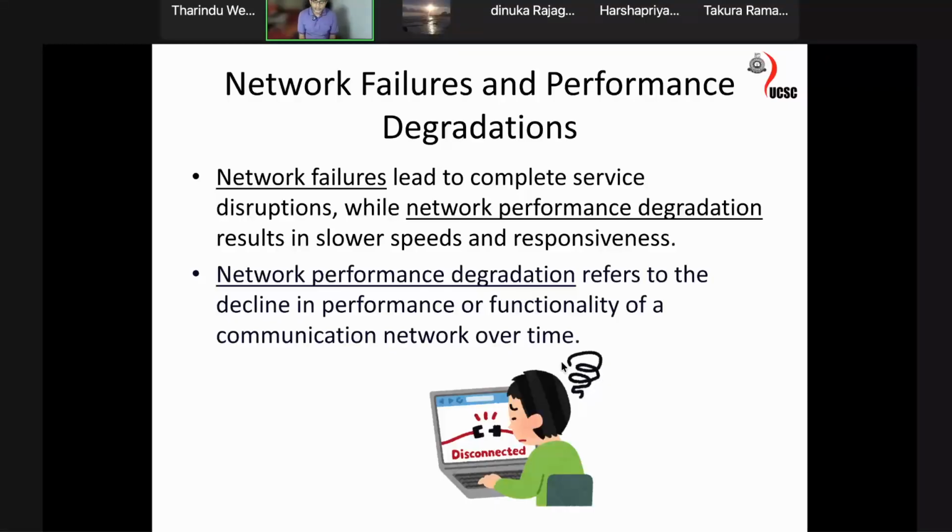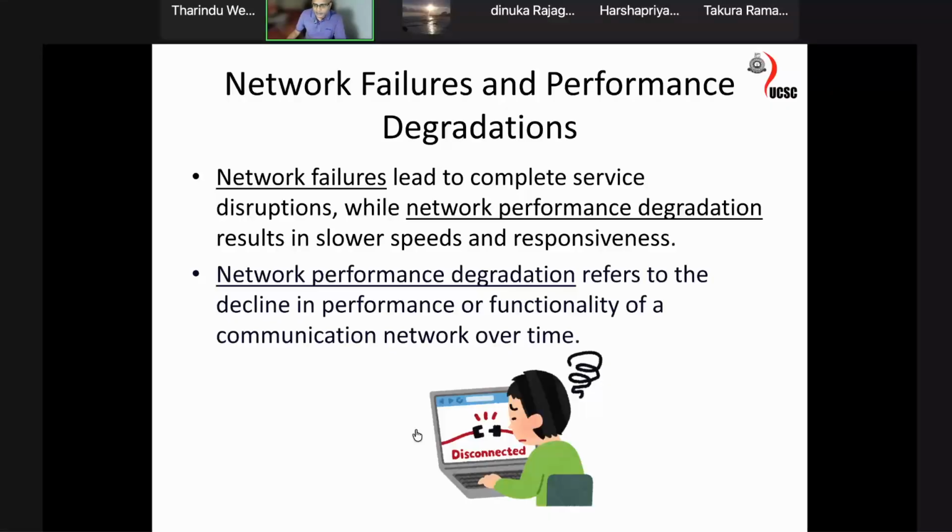Network performance degradation results in people complaining that the network is slow or the application is slow, and we can't wait so long to get the response. User complaints come due to the performance degradation.